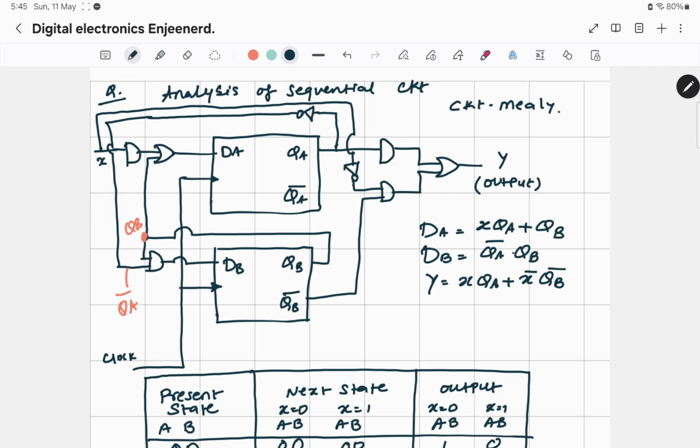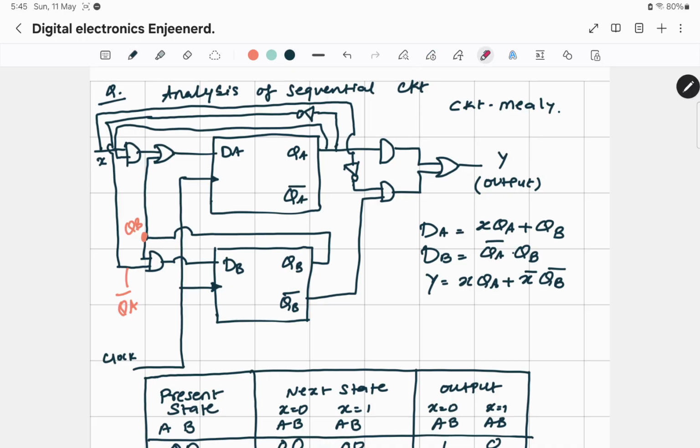So I am missing one line of QA here. So this QA also goes here, right? So this is your equation for dA, dB and y.